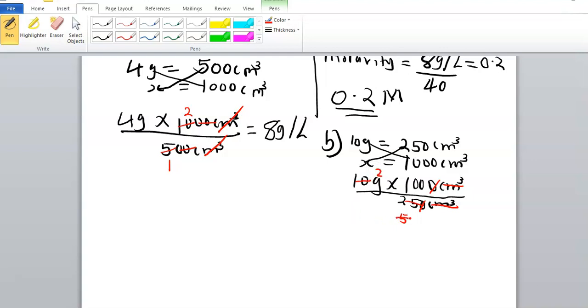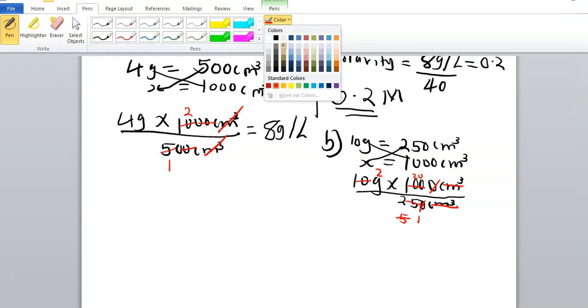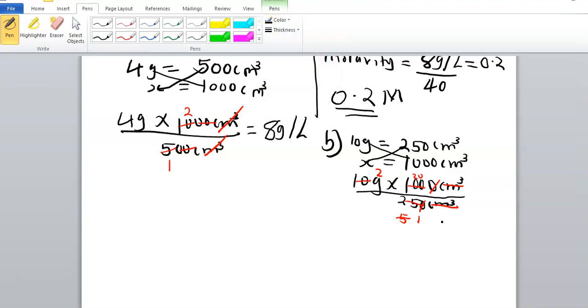By 5 we do 1, and 100 divided by 5 is 20. Then 20 times 4, the result is 40 gram. The result is 40 gram per liter.